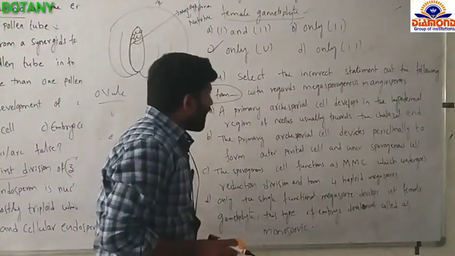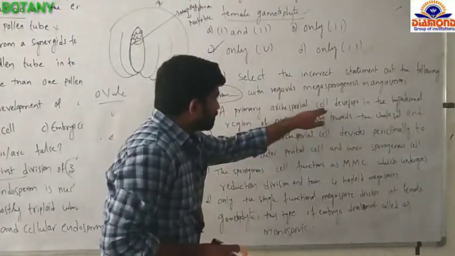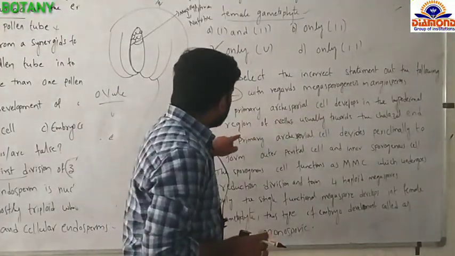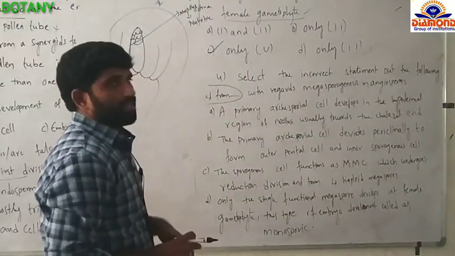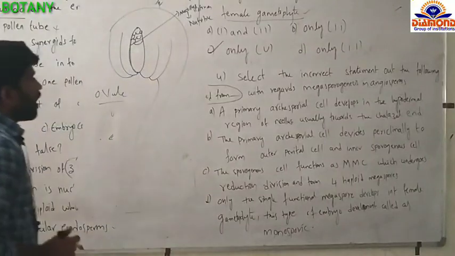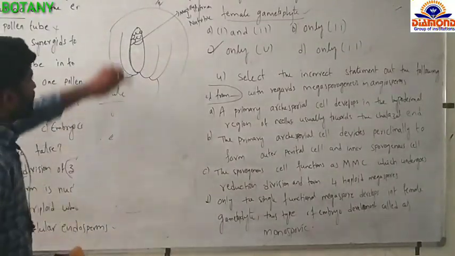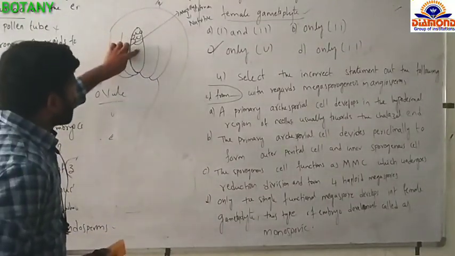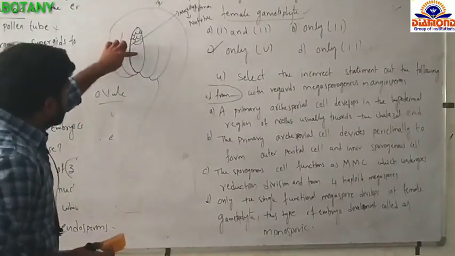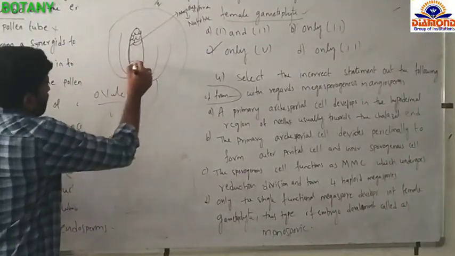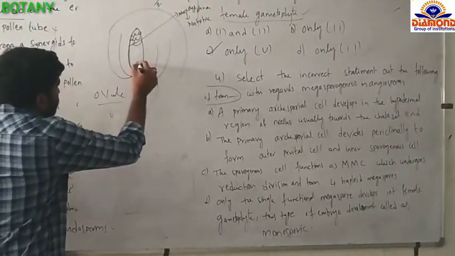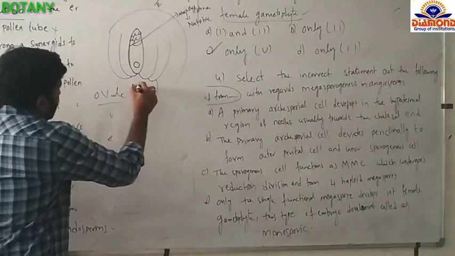Option A: a primary archesporial cell develops in the hypodermal region of the nucellus, usually towards the chalazal end. Actually, the archesporial cell develops towards the micropylar end.